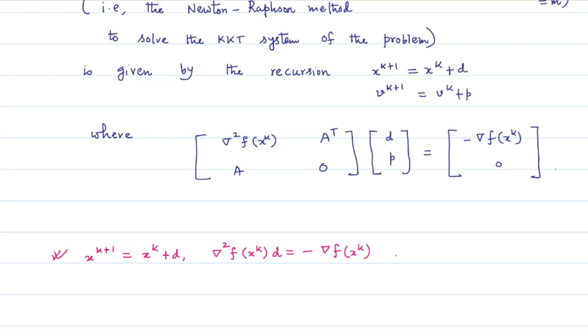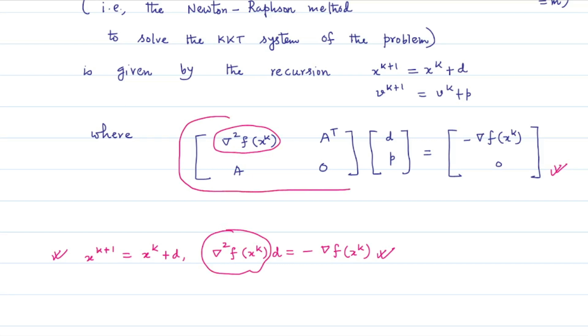We notice that this equation is just similar to this equation with just a slightly bigger matrix. Here we just had the Hessian matrix, but here instead of this Hessian matrix we have this entire matrix, right?